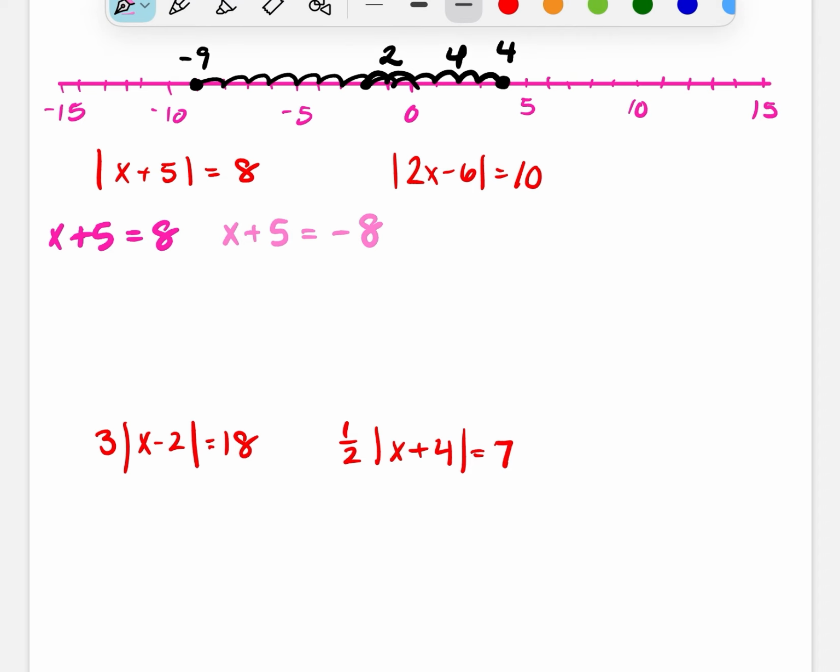Okay, I'm going to run out of room, so I'm just going to use these 4 instead. So x plus 5 is equal to 8, or x plus 5 is equal to -8. Because our start said that the absolute value of x plus 5 is equal to 8. Our answer is 8 away from 0.